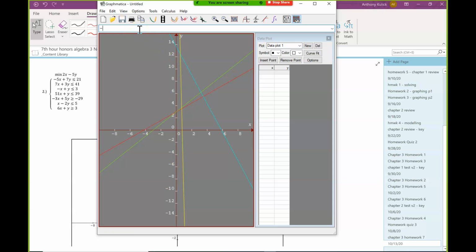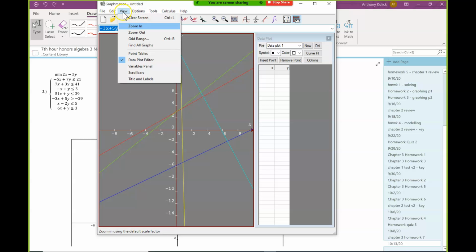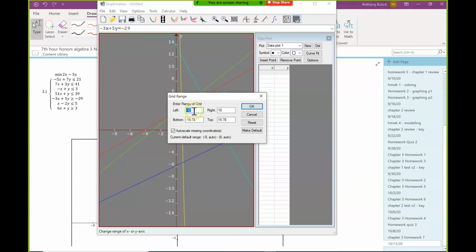The next one, so now we're above the blue line, so we're in between the blue, yellow, and green, and we'll extend that out here so that we can see a little bit further.